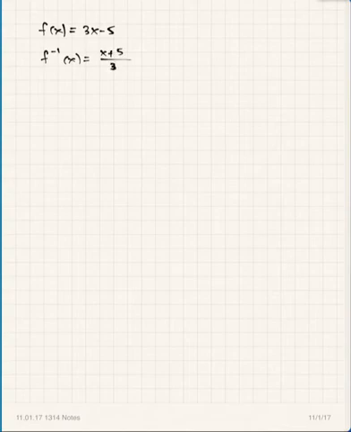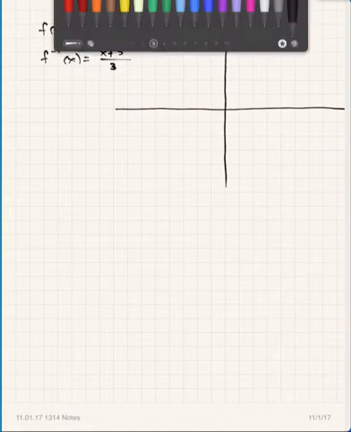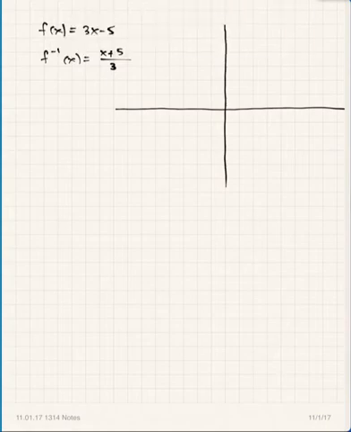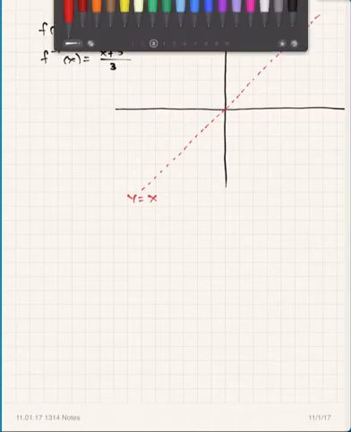So if we graph those two functions on the same coordinate system, let's make a sketch of these, and these are both lines. Remember, these two functions' graphs are supposed to be symmetric around the line y equals x. Inverse functions always have graphs that are symmetric around y equals x, which is that kind of 45-degree line right there.